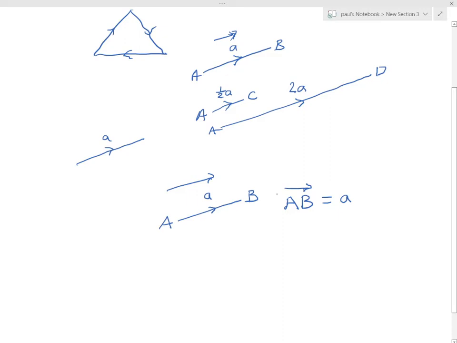So to get from A to B in this direction, we need to travel along using this vector a. Now if we're going to go the other way against the arrow, then it would be the vector of B to A, and because we're going the wrong way against the arrow, it would be minus a. So go with the arrow, it's plus, go against the arrow, it's minus.